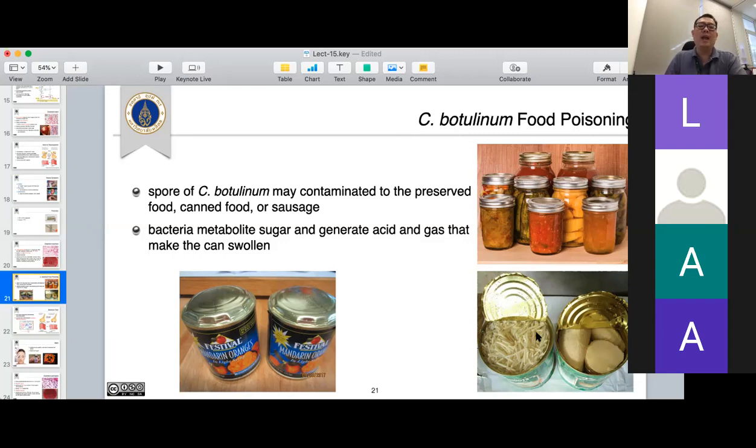That's very nice for botulinum. Botulinum hatches from spores and uses the carbohydrate and protein inside to produce so much acid and gas. You will probably detect the can with the wrong shape, the can swollen, then you cannot eat it.